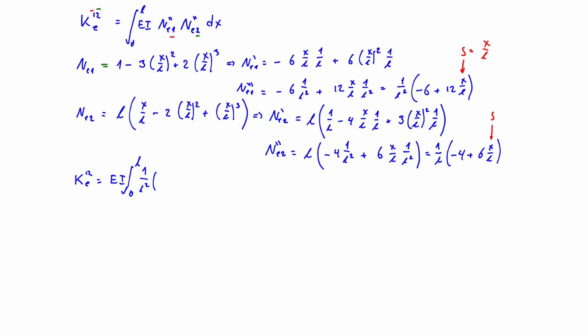Then we'll have minus 6 plus 12x divided by L. Then we'll have 1 divided by L from NE2 double derivative, and inside the parenthesis we have minus 4 plus 6x divided by L, dx.